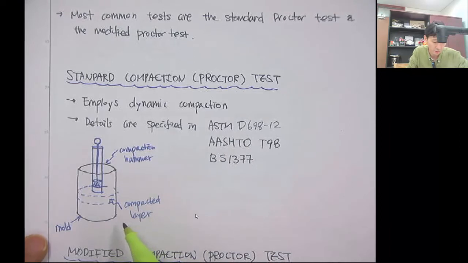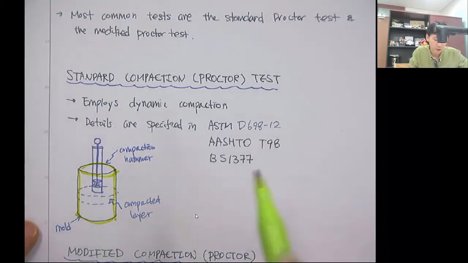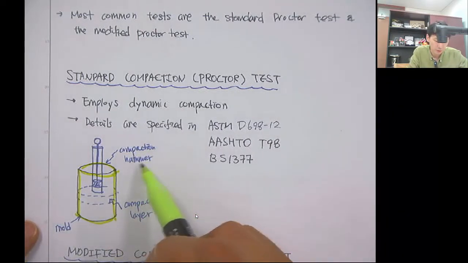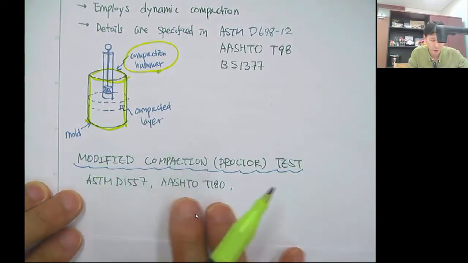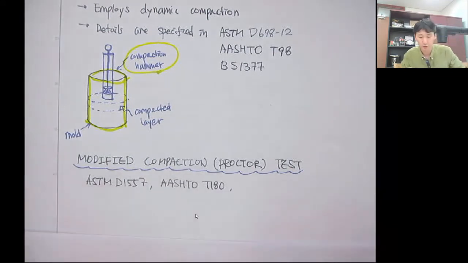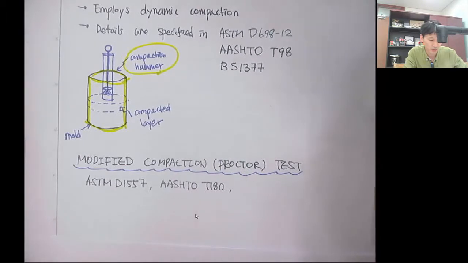Basically, it involves the compaction mold, which is the circular type, and you put the soil inside layer by layer, and for each layer you apply the impact force using this compaction hammer. The modified compaction test has also been specified in many specifications like ASTM, AASHTO, and the British standard. So if you are interested in that, please look at more details in this manuscript.